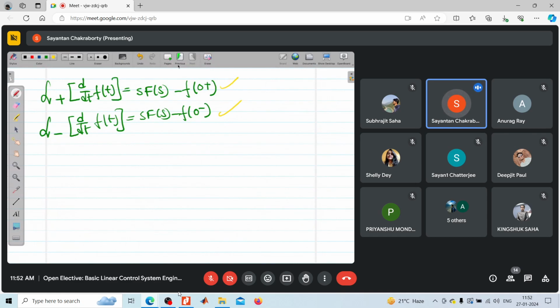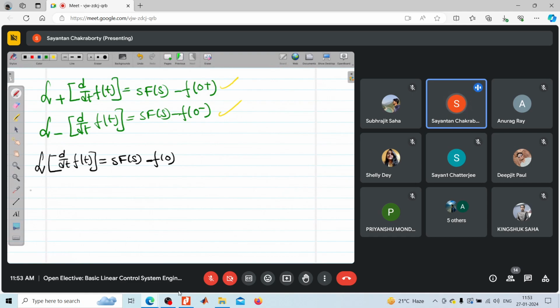Now coming back to the proof, what I have written is that the Laplace transform of d/dt of f(t) is sF(s) minus f(0) in general. Now let us try to prove that.